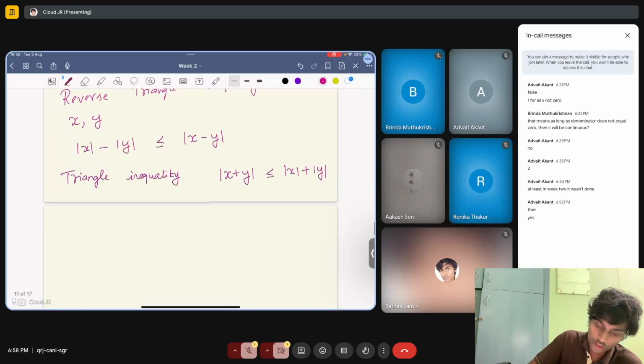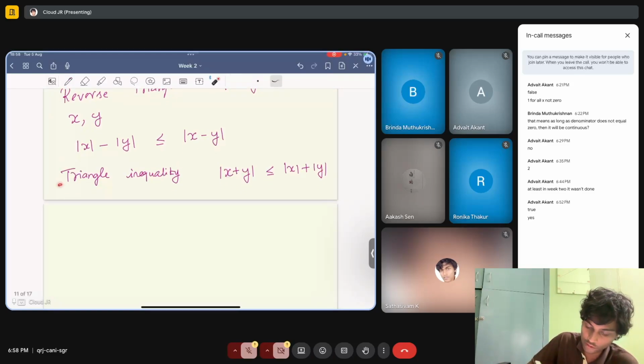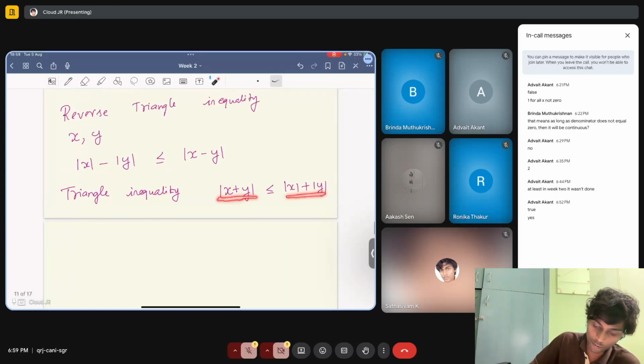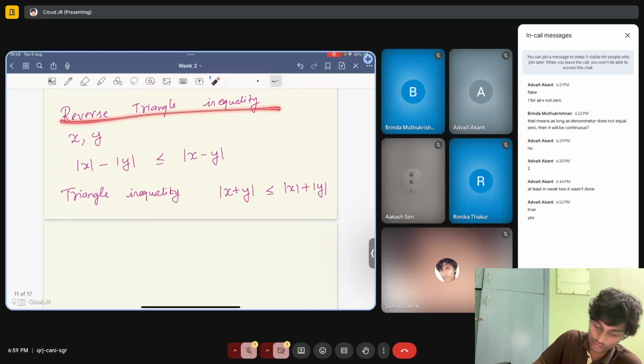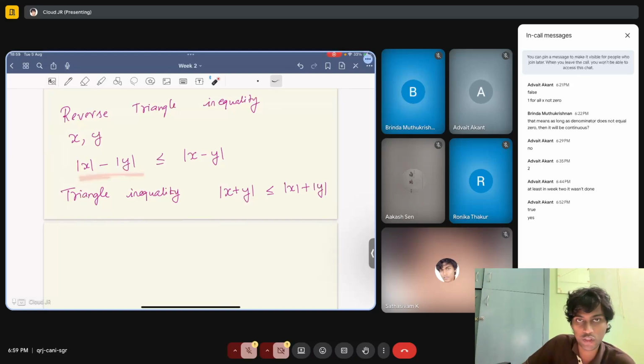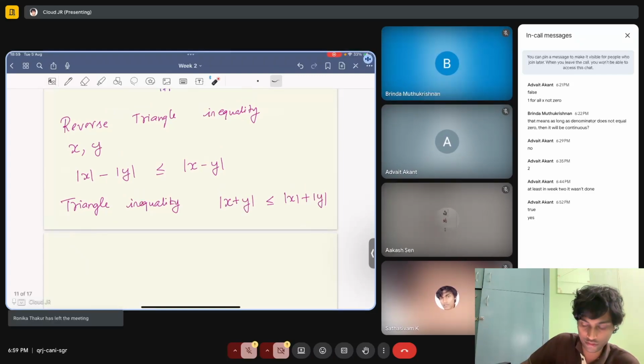Basically, the triangle inequality gives you the upper bound for modulus of x plus y. And the reverse triangle inequality gives you the lower bound for this thing. That is why it is called the reverse triangle inequality.